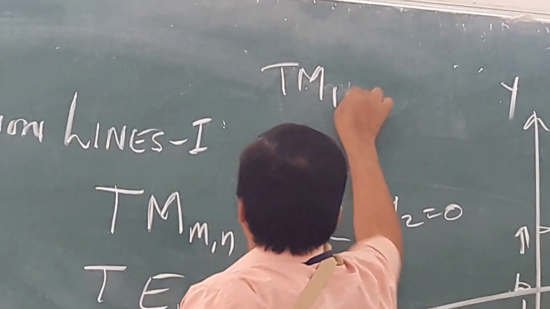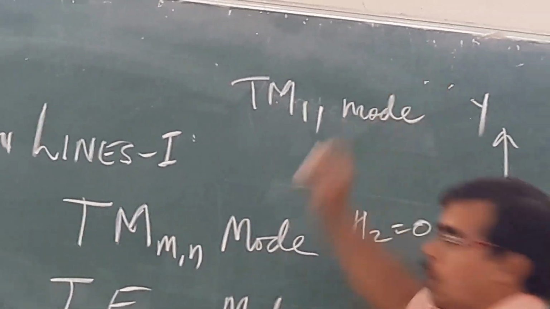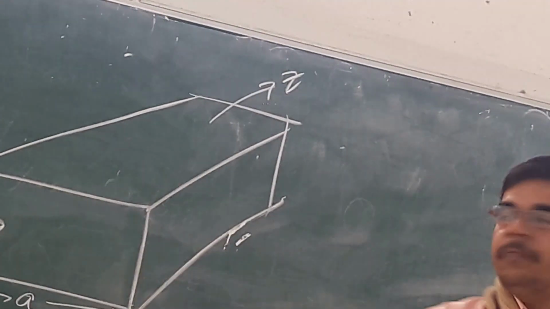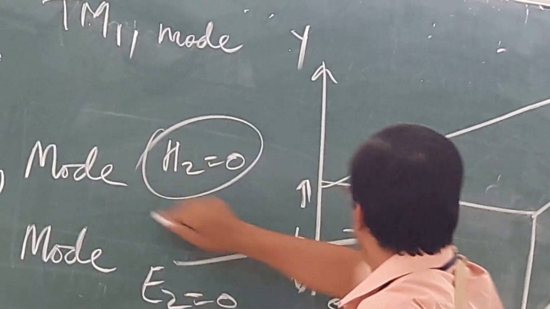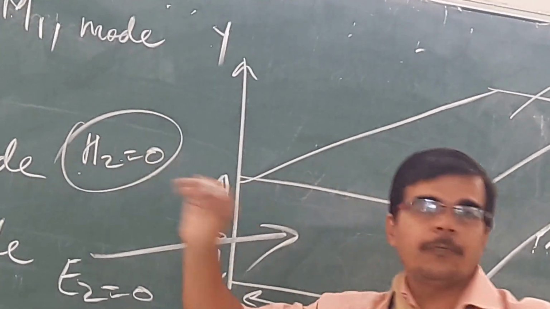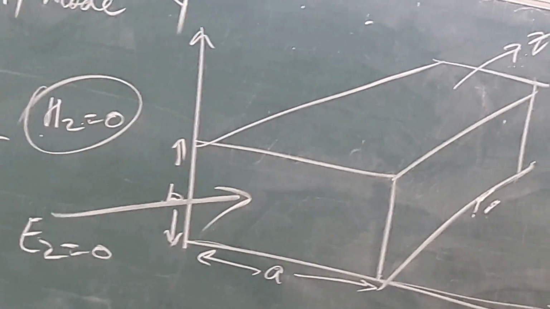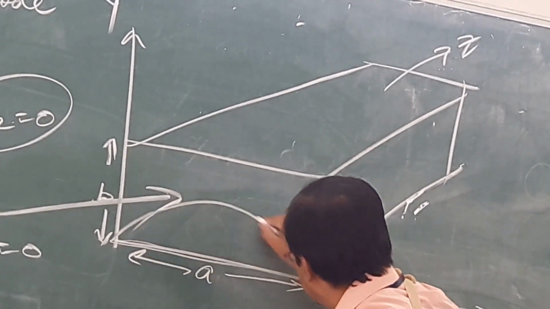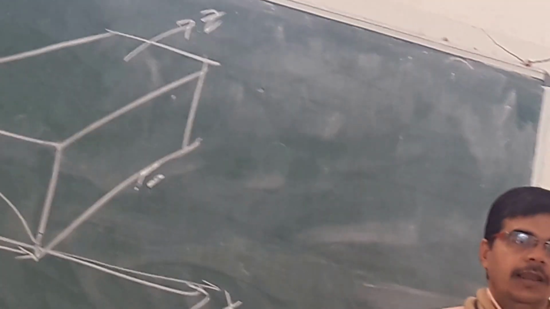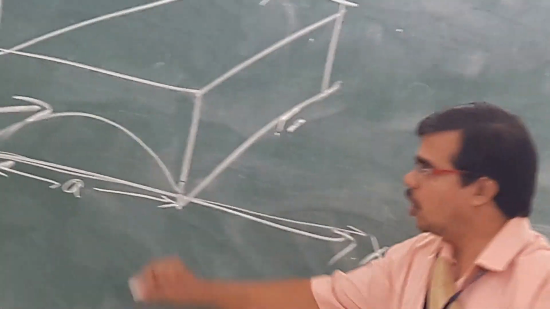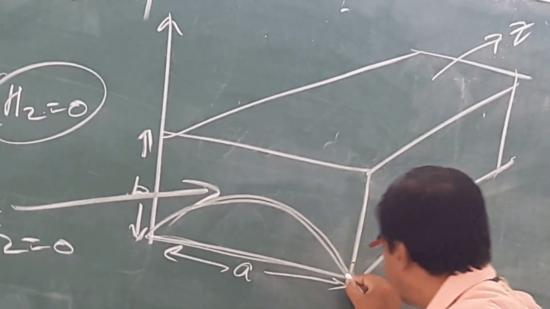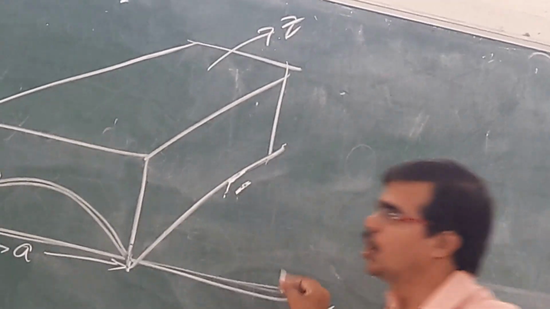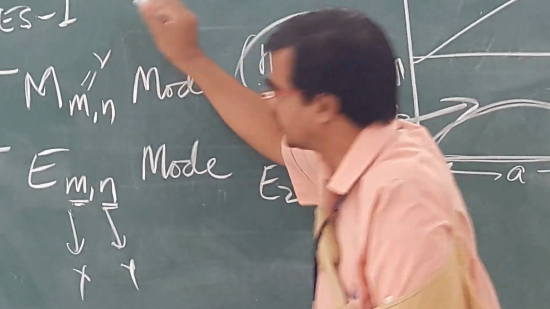Suppose if I am telling that your TM11 mode, TM11 mode means in the direction of propagation the component is 0, and if you are seeing in your x-axis along this your a, here you are having just one half cycle.